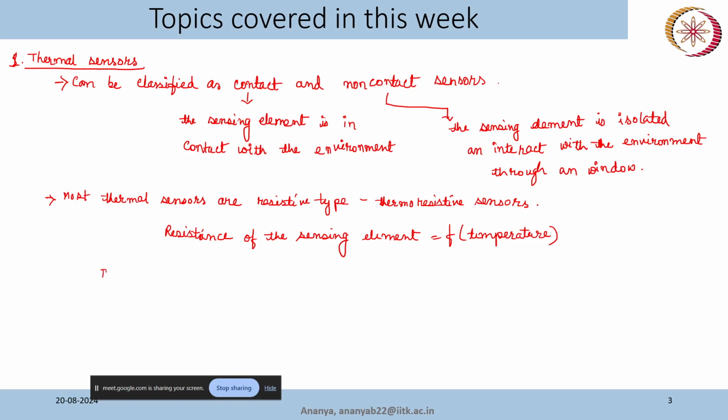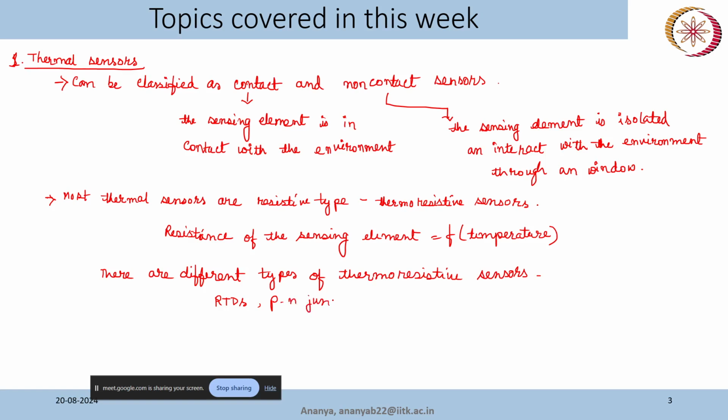Now there are different types of thermoresistive sensors based on the material used. What are those? First one is RTD, resistance temperature detectors. Then PN junctions can also be used as a temperature sensor.